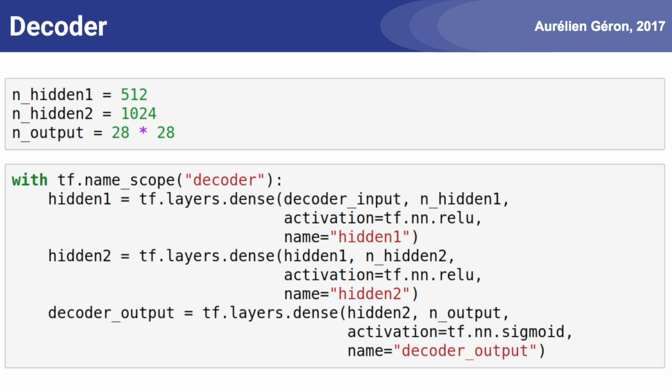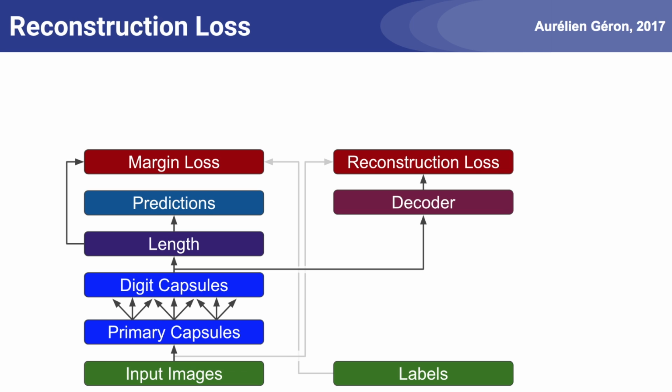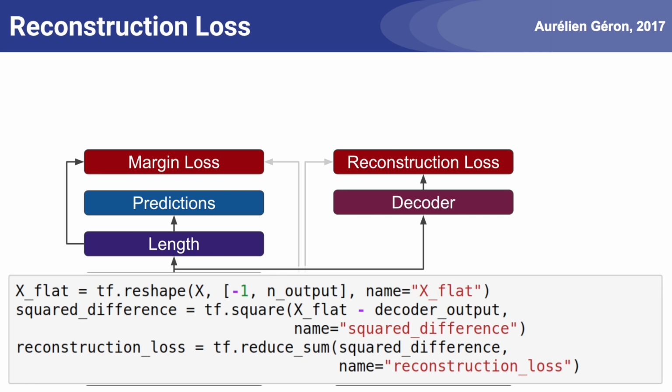It outputs an array containing 784 values from 0 to 1 for each instance, representing the pixel intensities of 28 by 28 pixel images. And that's it. We have our reconstructed images. We can now compute the reconstruction loss. This is just the square difference between the input images and the reconstructions. Since the input images are 28 by 28 by 1, we first reshape them to 1 dimension per instance with 784 values each. Then we compute the squared difference.